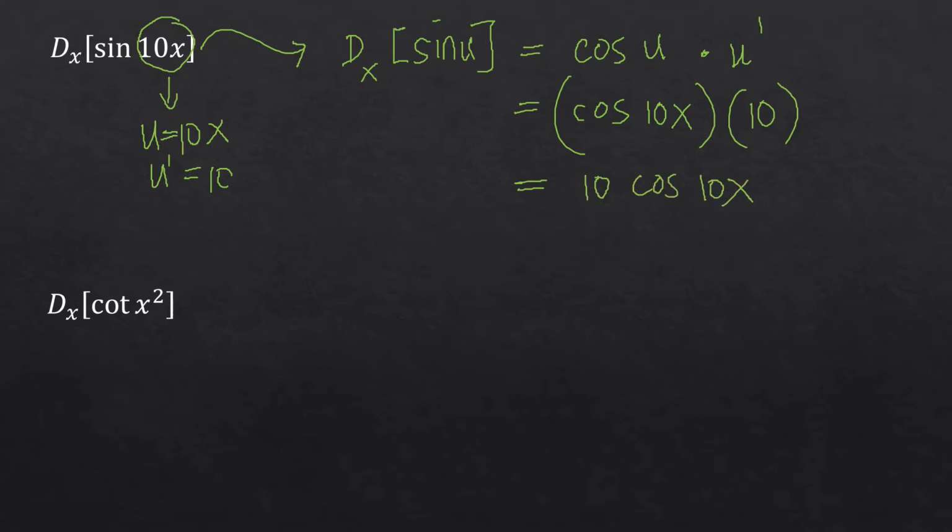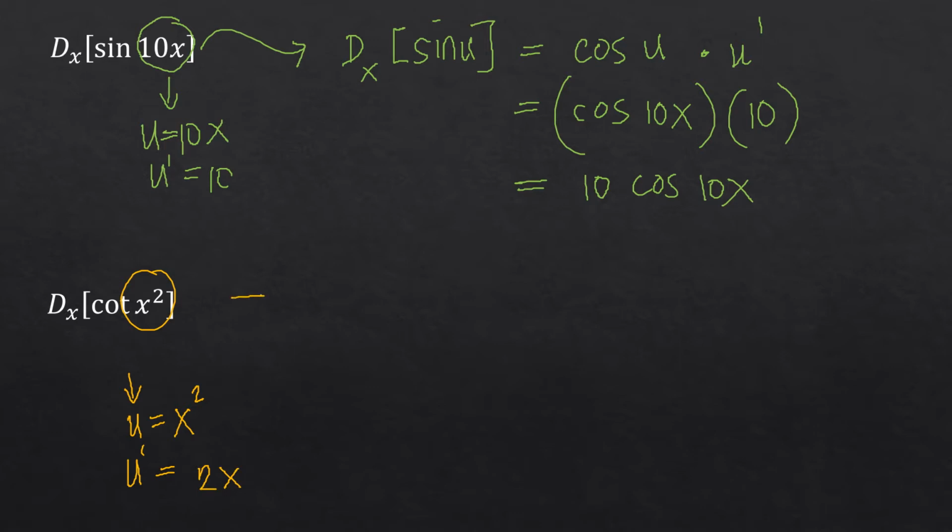On the second example, we observe this x squared here, so u is equal to x squared, and that is still differentiable, and the derivative of u is u prime, which is equal to 2x.